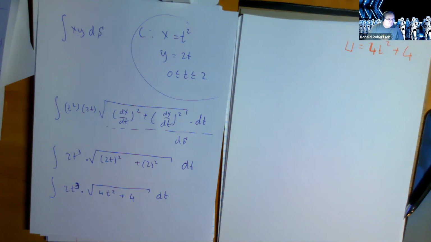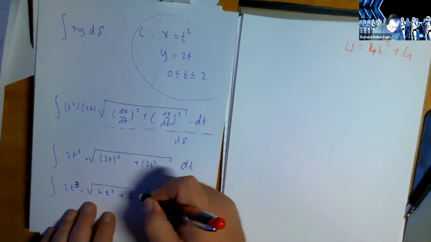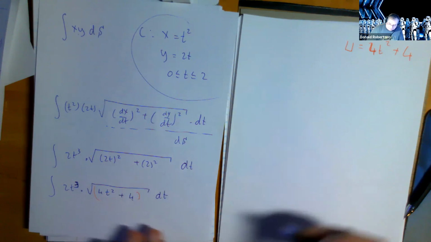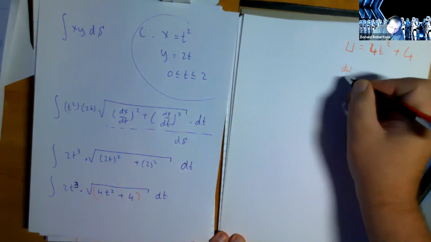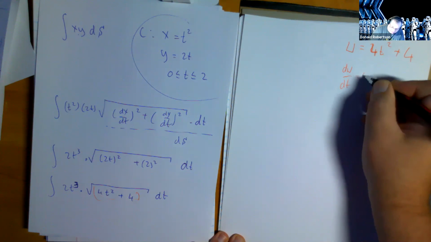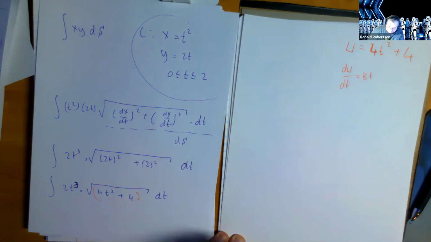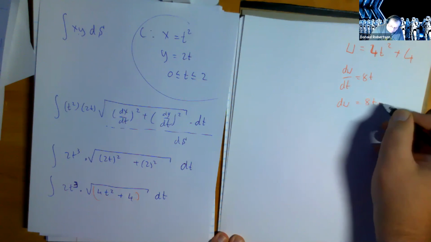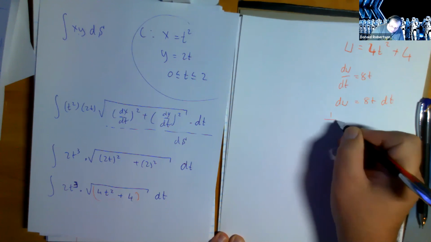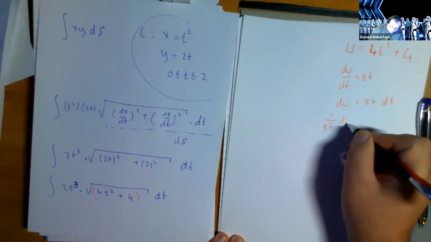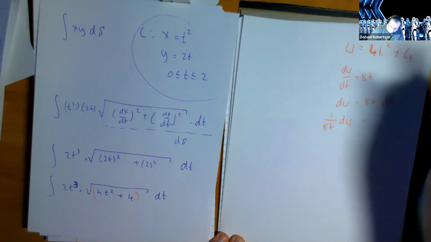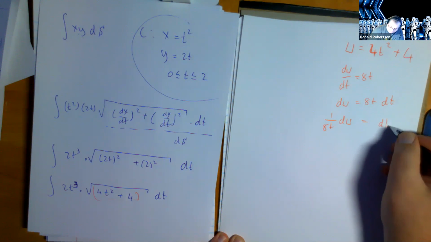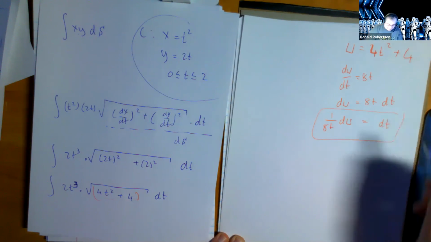Now, if you make that your u sub, then du by dt is 8t, and that makes du 8t dt, and that makes that fella dt.